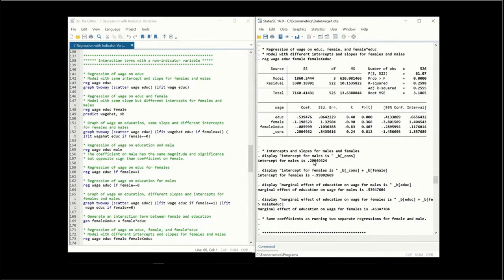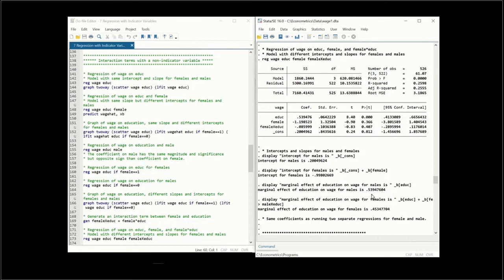So here I am showing you how to calculate the intercepts and the slopes for males and females. The intercept for males is just the coefficient on the constant. The intercept for females is the coefficient on the constant plus the coefficient on female, so this is the minus 1. The marginal effect of education on wage for males is the coefficient on education.